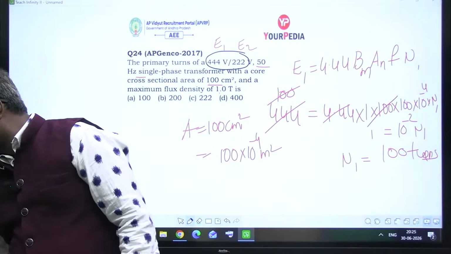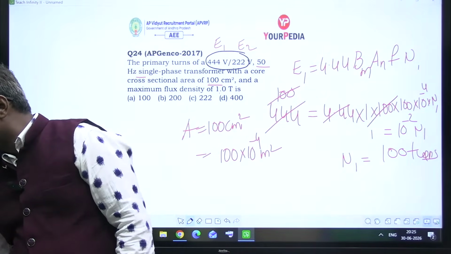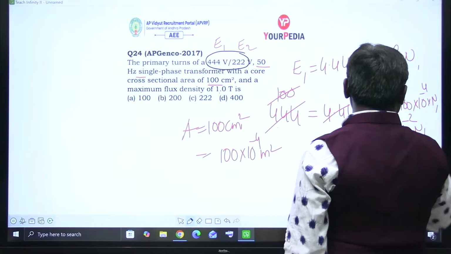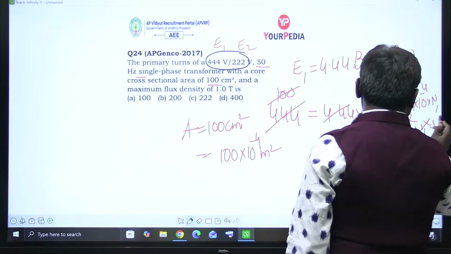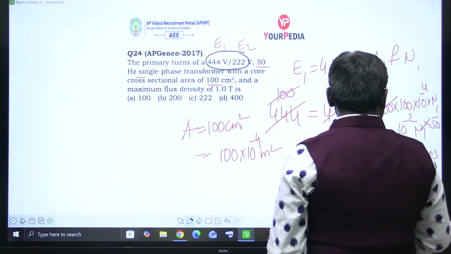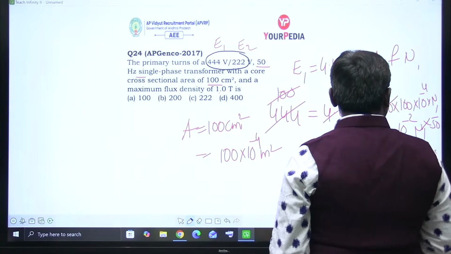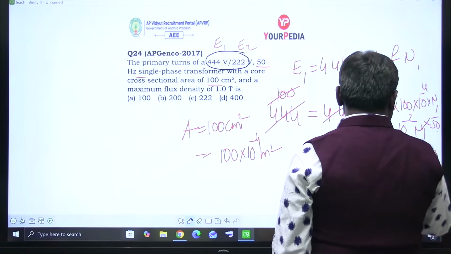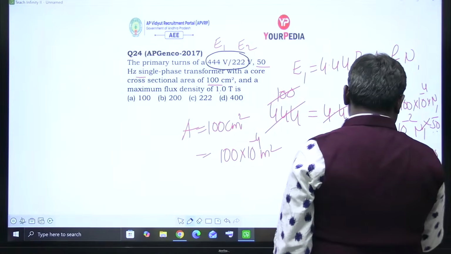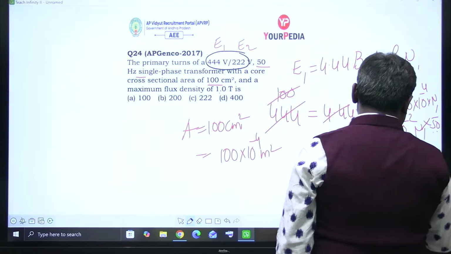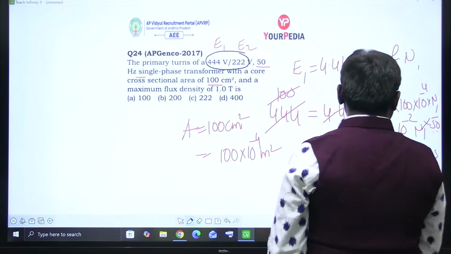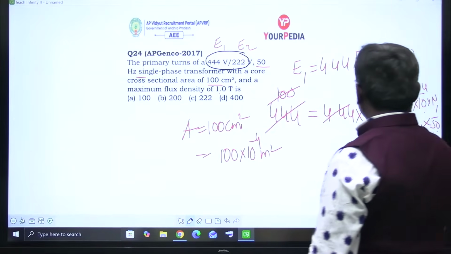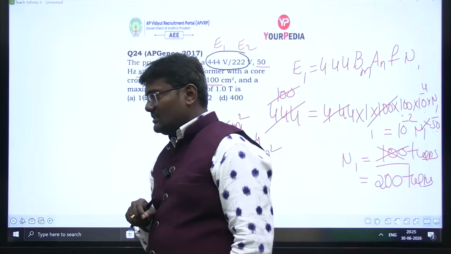You have to do fast calculations. Let's check it. 444. Yes, I forgot the frequency, 50. So 100 into 10 to the power of minus 4 into 50 into N1, so obviously 1 by 0.5, so 200 turns.